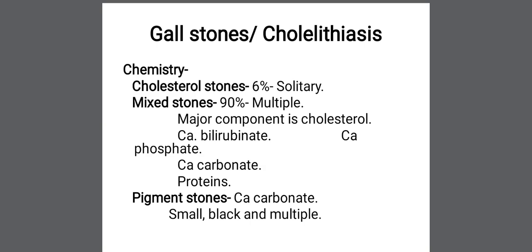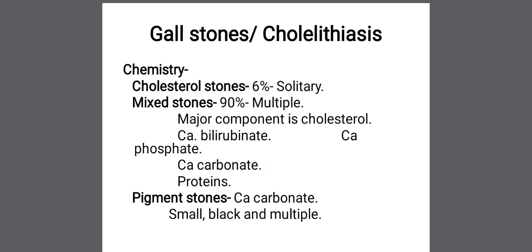Some pigment stones are very hard and coral like, and some stones are soft, and there may be a concretion of sludge rather than stones. They may be semi-solid. So these are the three types of gallstones.